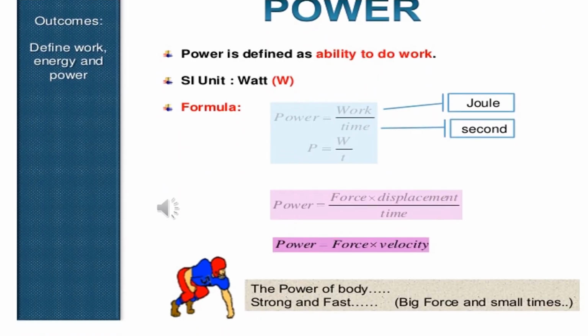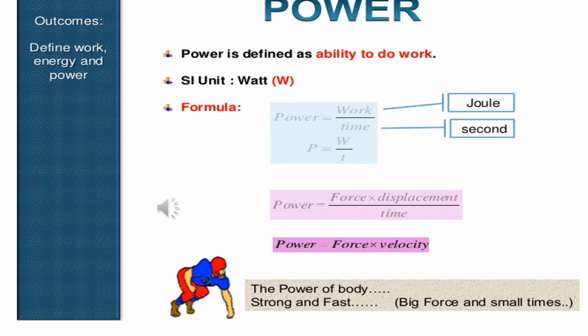Okay, let's look at the second part of our Unit 5: power, work, and energy. We are done with work. Let's look at power. Power is defined as the ability to do work. The energy you put in to do something is what we are referring to as the power. That strength is what we refer to as the power. Remember we said that the standard unit for work is the joule, and the standard unit for time is seconds.